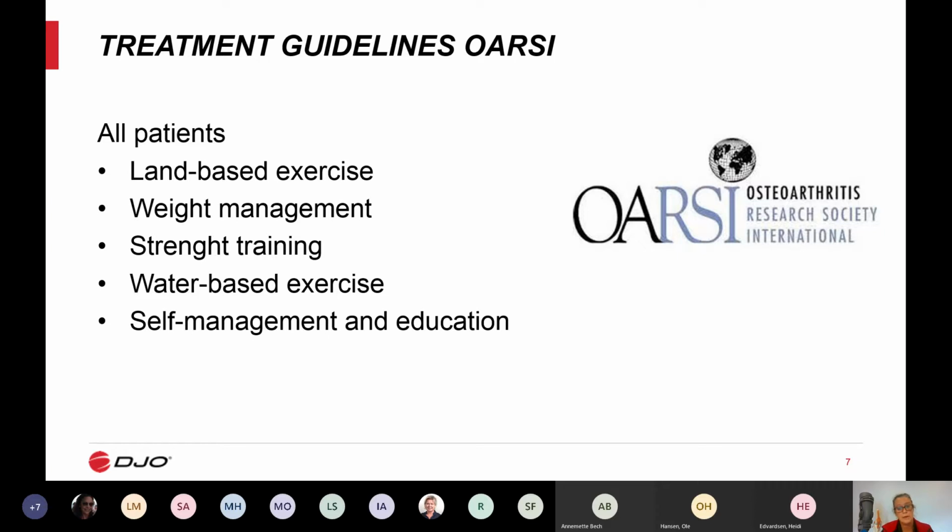They also say something that I think is very, very important: the OARSI found out that if you do the weight loss or the exercise, if you reduce your total body weight by 5% within a 20-week period, that is the most effective treatment of knee OA.